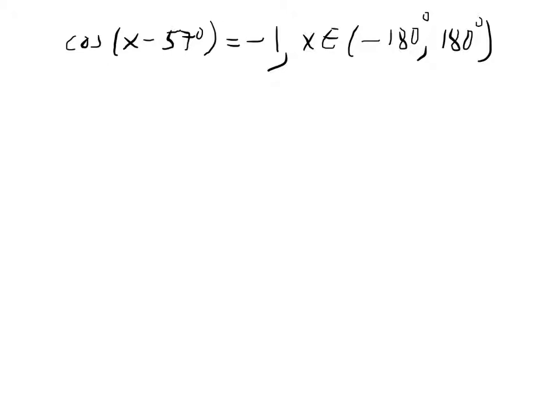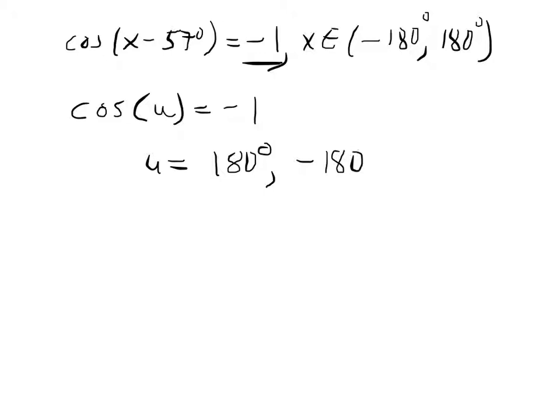With this being negative 1 here, I can look at this as cosine of u equals negative 1, and I then know that u, working in degrees, could be 180, u could be negative 180. If I were to add 360 to each of those, I could get a 540. And if I subtract 360, negative 540, etc., etc.